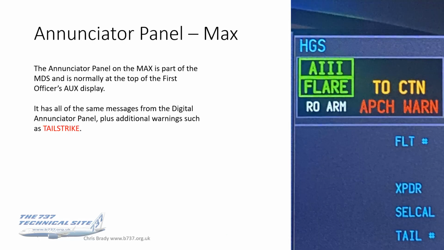And then on the Macs, you've got basically the MDS version of the previous display. This is located at the top of the FO's auxiliary display, and it's got all the same messages from the previous panel, plus additional ones depending on what options you got selected, like tail strike or what have you. So that's that there.